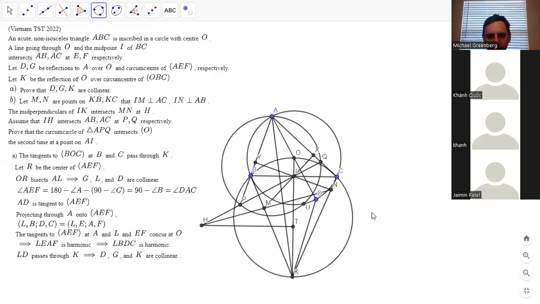Let's see. We could also, I wonder if we can use the radical axis theorem. So what if we dropped a perpendicular from I to AB?